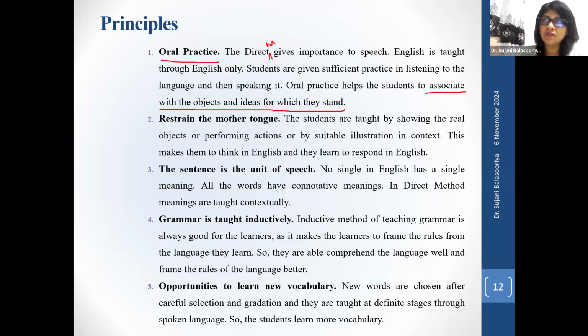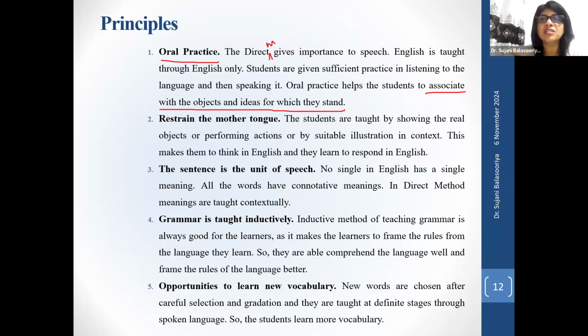When the students have to produce language, usual thing is they think in their mother tongue, then convert it into the target language, the English language. Even when you ask them to write an essay, they think in Sinhala, then convert the ideas from Sinhala to English or from Tamil to English. When they have to talk in English also, they think in their mother tongue and then put it to the target language. But in a direct method, that kind of way is discouraged, right?